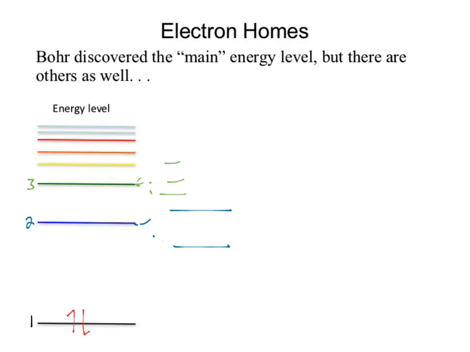Well, it turns out there's yet another variable that floats out there. As soon as we hit a particular type, that variable now carries some value. That value causes those sublevels to split. Our first energy level can't split, so it only has one. The second energy level has an extra value, so it splits.